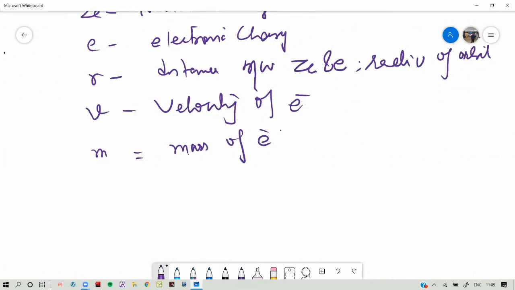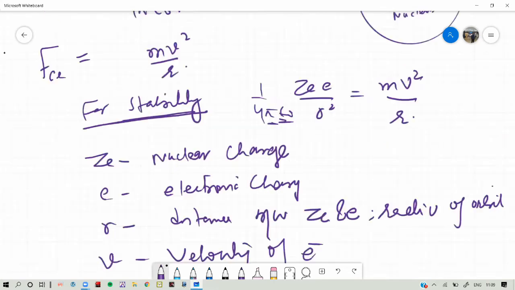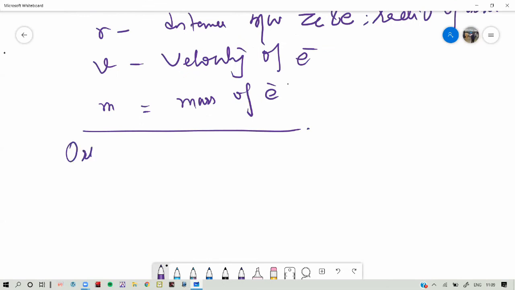Then the constants: epsilon naught is the permittivity of free space, and 4 pi is a constant. Now we know that since it is an orbital motion, it has an orbital angular momentum.